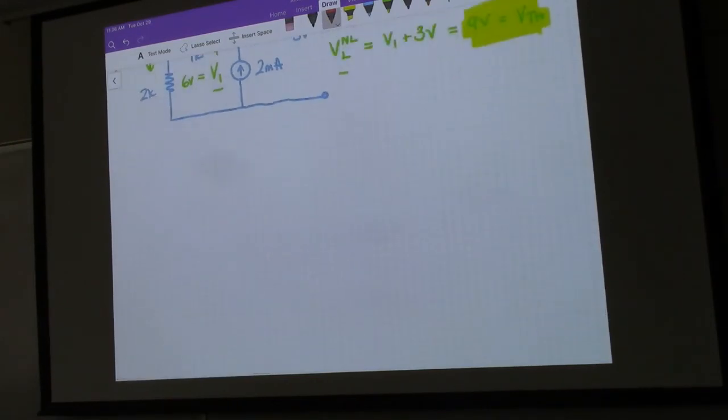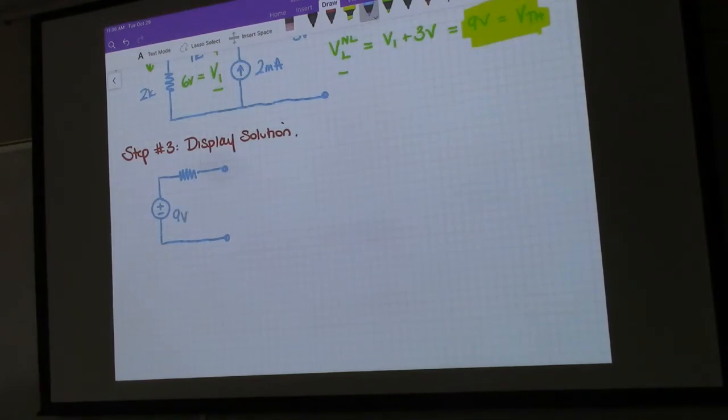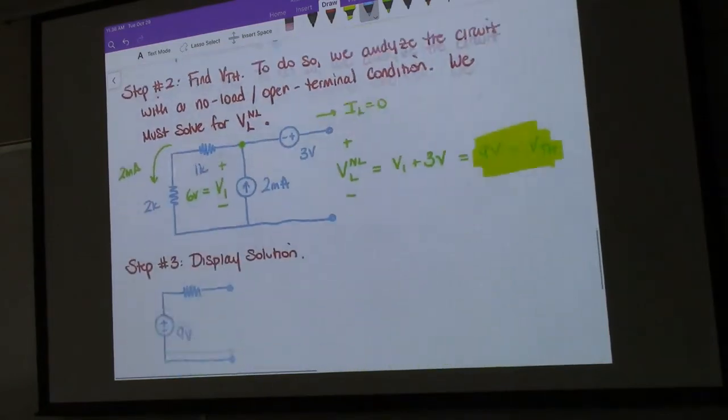Next, we can just show the solution. We have both the values, so it's just a matter of putting it in the right circuit form. So if we were to show it as a Thevenin source, this would be 9 volts, and this would be 3 kiloohms.